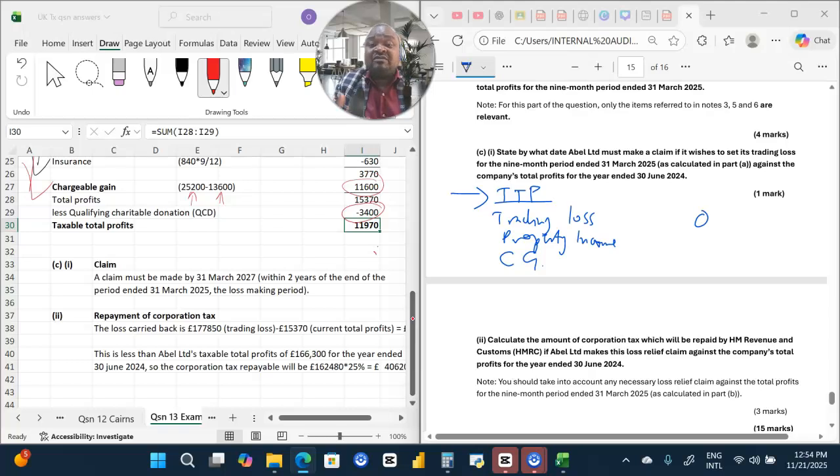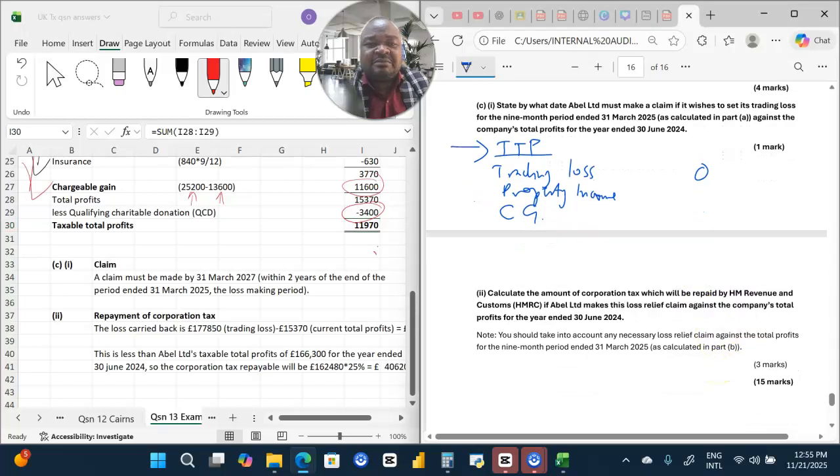So within 2 years of the loss-making period, Apple should lodge a claim for them to have their previous profits absorb the current year losses. Okay, great.